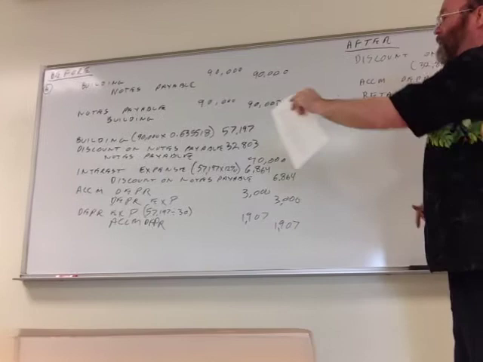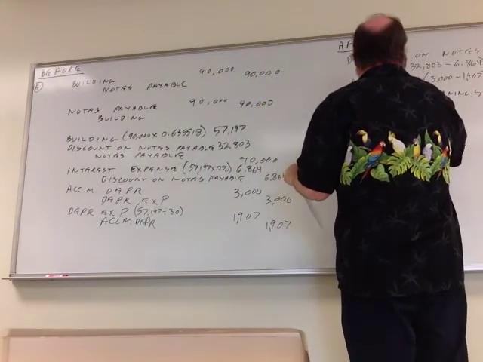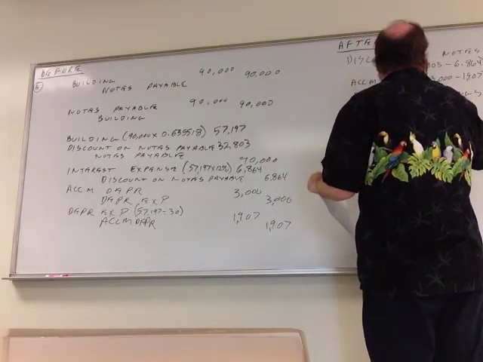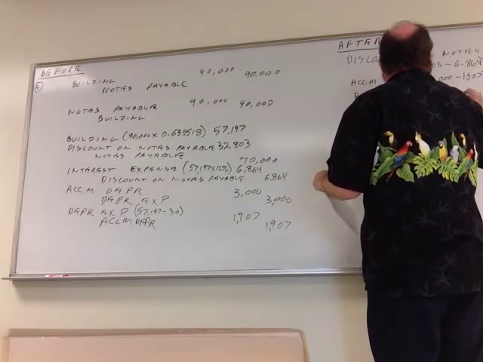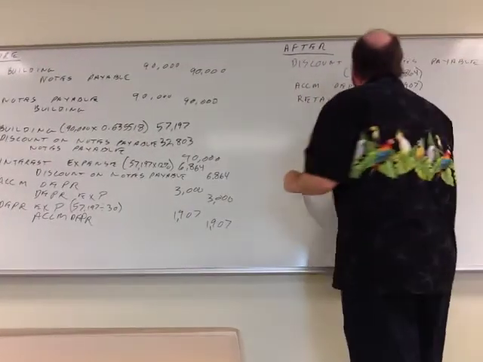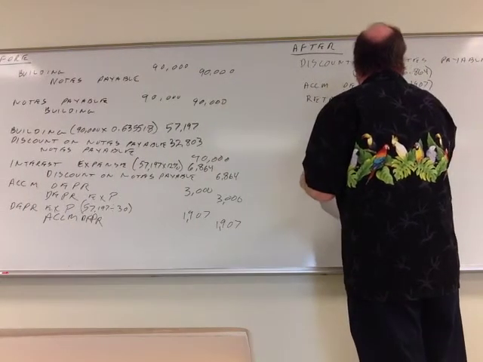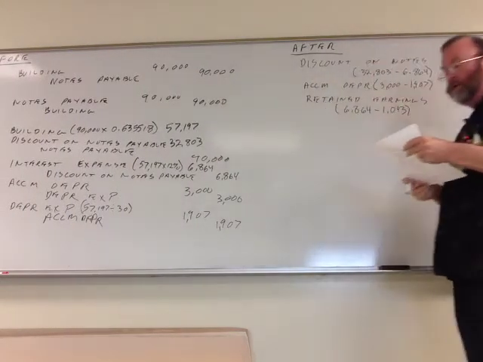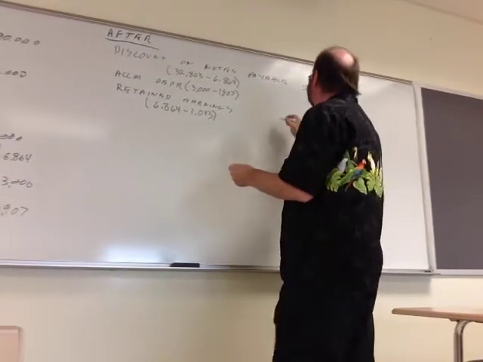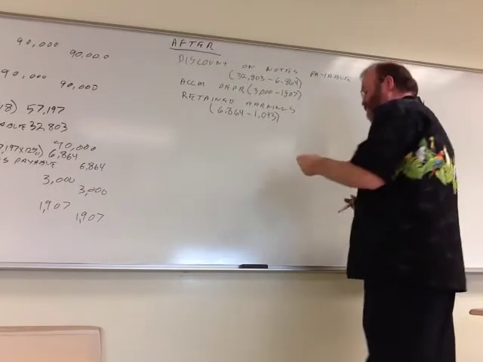You understated interest expense by 6,864. But you overstated depreciation by 1,093. So your net to retained earnings is $5,771.